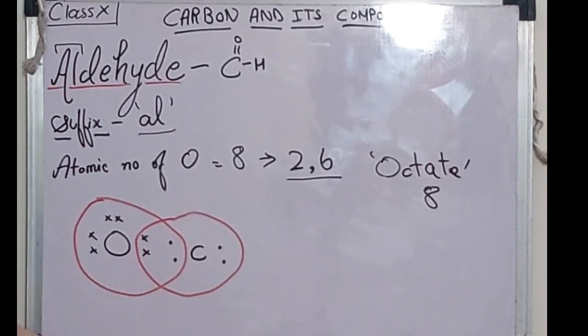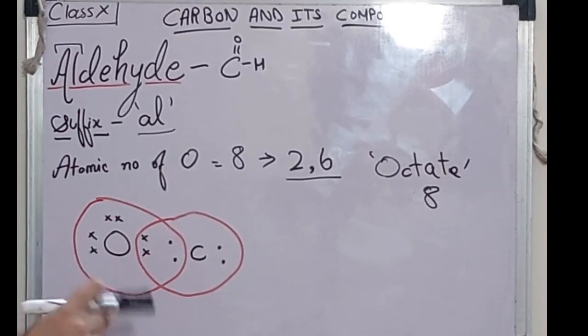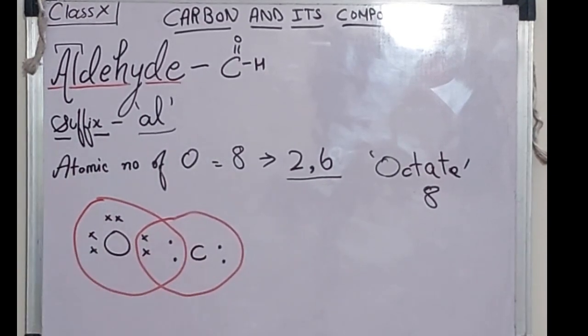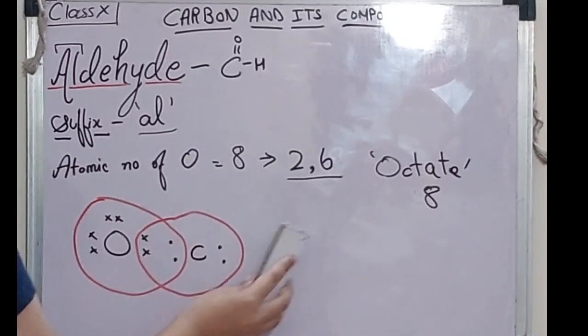It should be equal. Hence, if the carbon is sharing 2 electrons, oxygen is also going to share 2 electrons. Because of this, oxygen completes its octet. But carbon is left, so we will form more covalent bonds, but we are not going to dig into it right now.